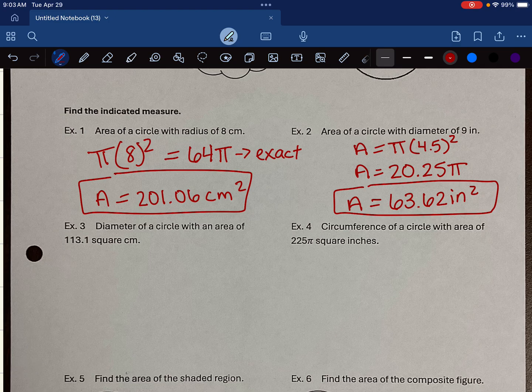Okay. Your next ones are similar to what we did yesterday, right? It gives us the area, so it tells us the area is 113.1. So where do I put that in my equation? Yeah, at the front. I replace A with 113.1, equal to pi r squared. Now, we are solving for the diameter, but I have to find the radius first. So what do I do to get r by itself?